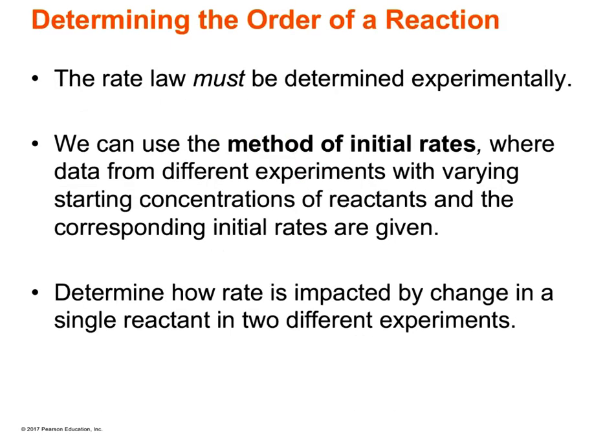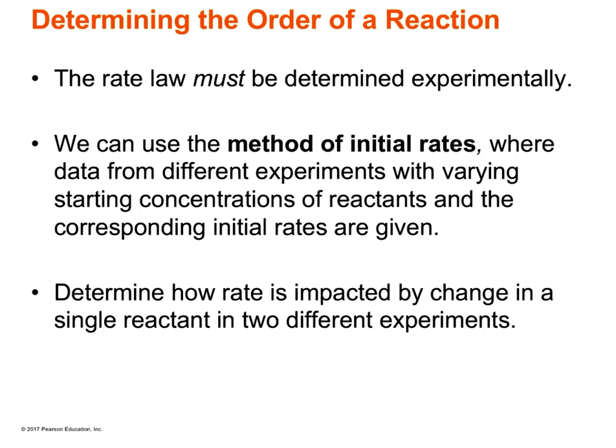Now, if we want to determine the order of a reaction, we do have to figure it out experimentally. So again, we would use one of the methods we saw earlier, and then we would just track the concentration over time, and we would also track how the rate or average rate is changing over time as well. So we're going to use what's called the method of initial rates.